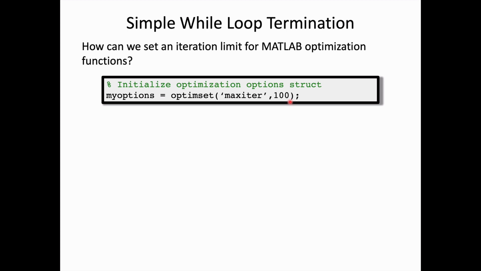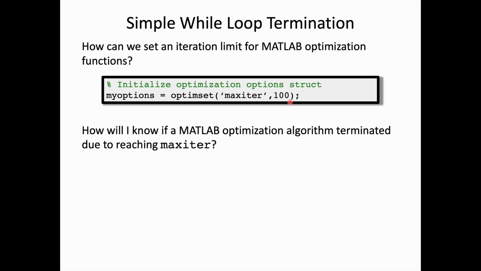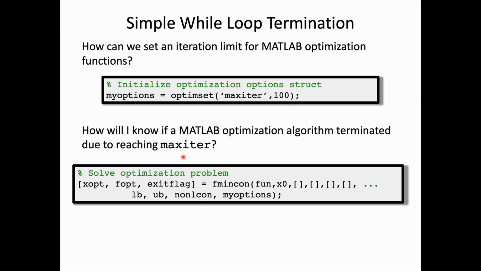If you don't specify a maximum limit, the Matlab built-in optimization functions are going to make sure they still have the safeguard in place, and there's some default limit built in. How will I know if a Matlab optimization algorithm terminated due to exceeding the maximum allowed number of iterations? If you have a look at the fmincon syntax, for example, if we specify that we want to have 3 output arguments, we're going to get the value of the optimal optimization vector.